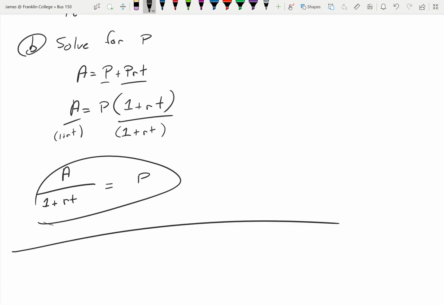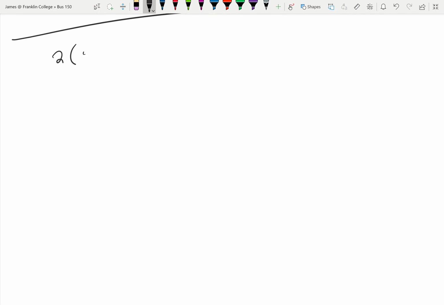So let's deal with some inequality type examples. So if we have 2 times (2x plus 3) is less than 6 times (x minus 2) plus 10. Well, the first thing that we're going to want to do is distribute into the parentheses.